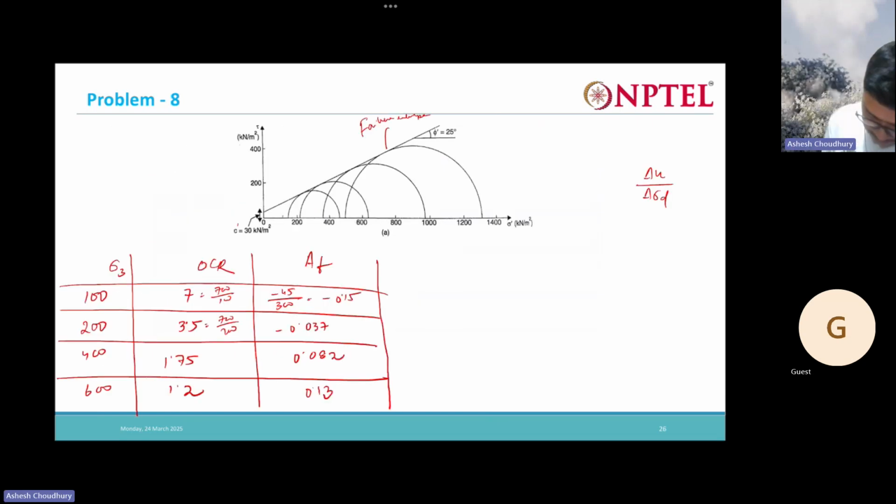Here, as our OCR is reducing, the pore water pressure becomes positive, so AF also becomes positive. But for highly over consolidated soil, with high over consolidation ratios like 3, 5, 7, we have negative pore water pressures developing.